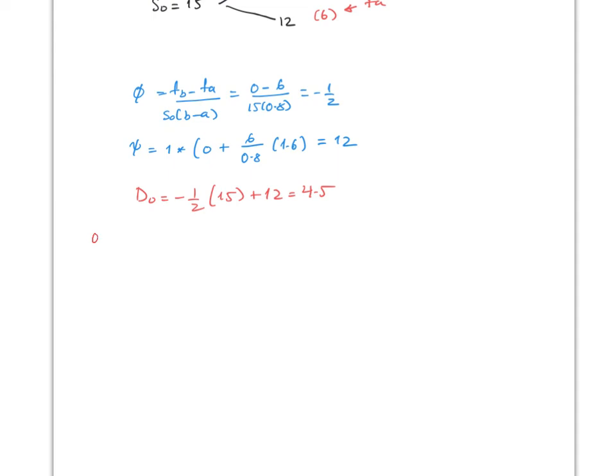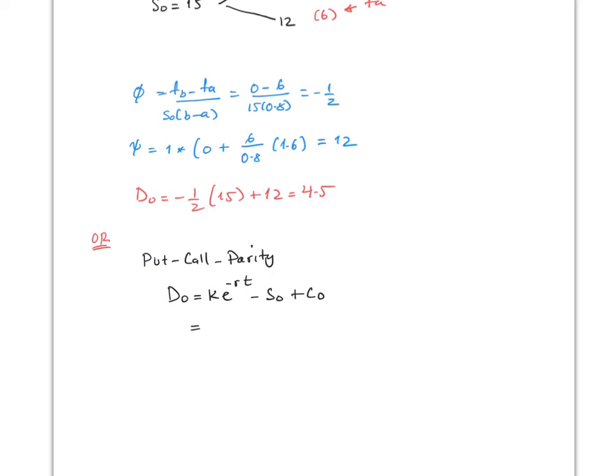Or you could simply use the put-call parity from last chapter. So if we use the put-call parity formula, which is the following: P is equal to K e to the minus rT minus S0 plus C0.